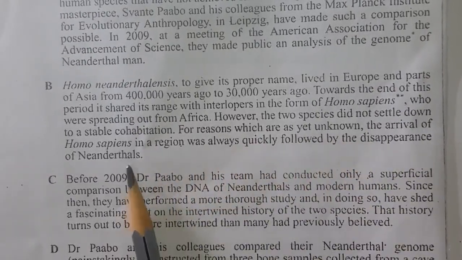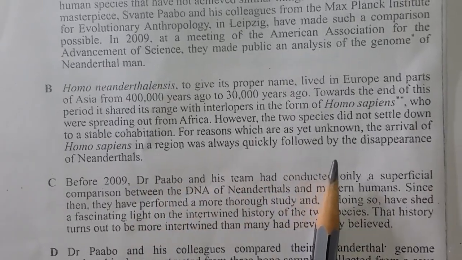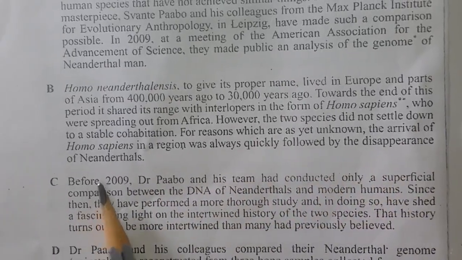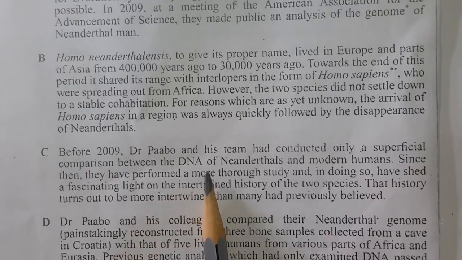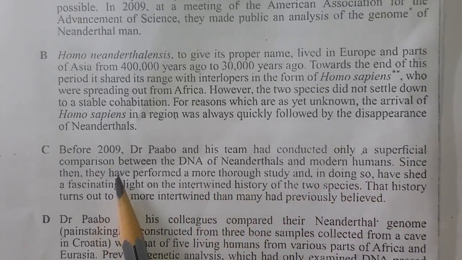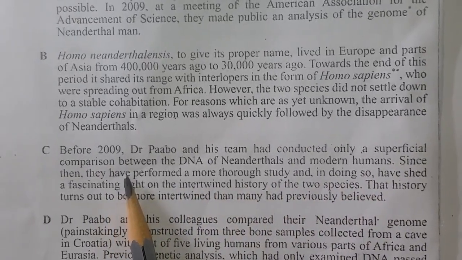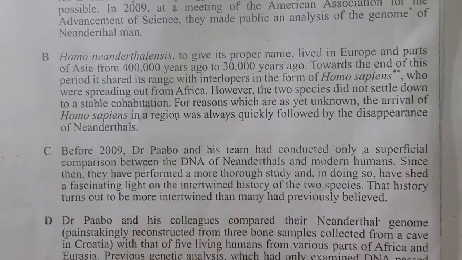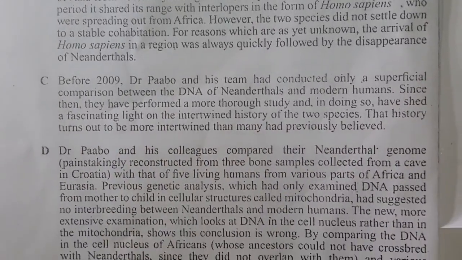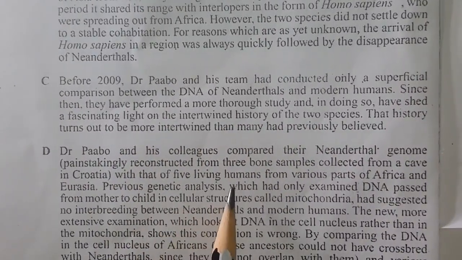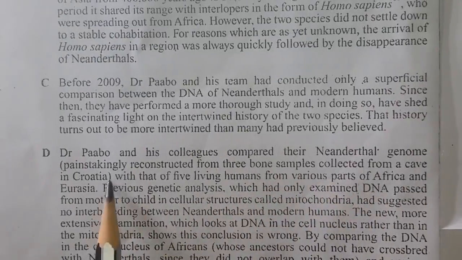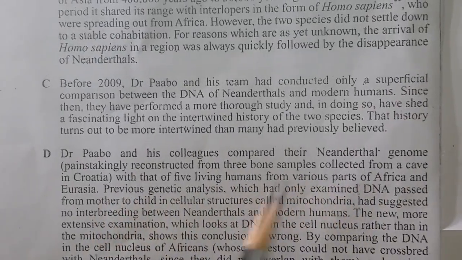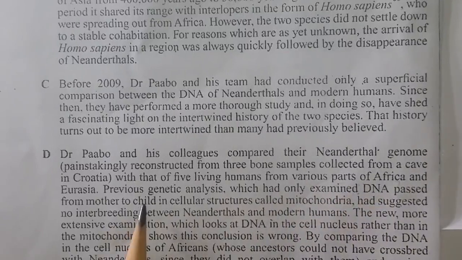You can check the arrival in a region which is quickly followed by this. Before 2009, Dr. Pääbo and his team conducted a superficial comparison between DNA and this. Dr. Pääbo and his colleagues compared the genome.